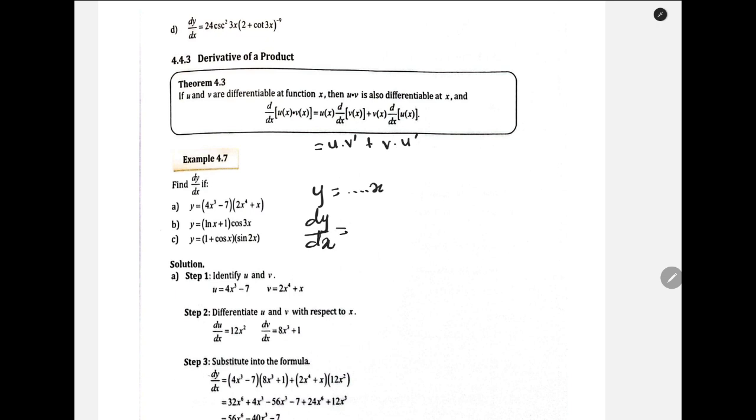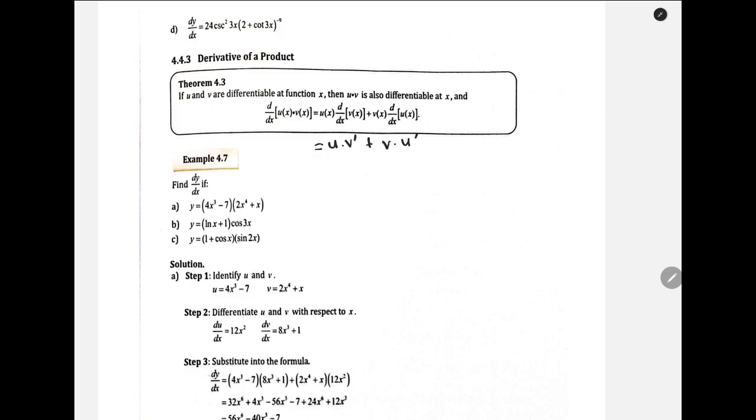Another way to represent dy over dx is to write y prime. So in this case, the prime represents the differentiation of v and the differentiation of u. Later on we'll see how we define u and v and proceed with the differentiation. The differentiation process is exactly the same; the difference is just that we are going to use the formula.